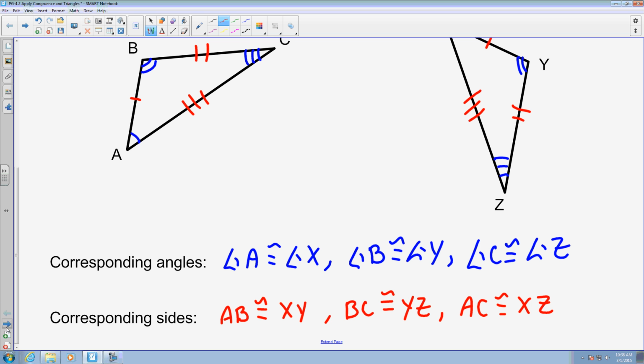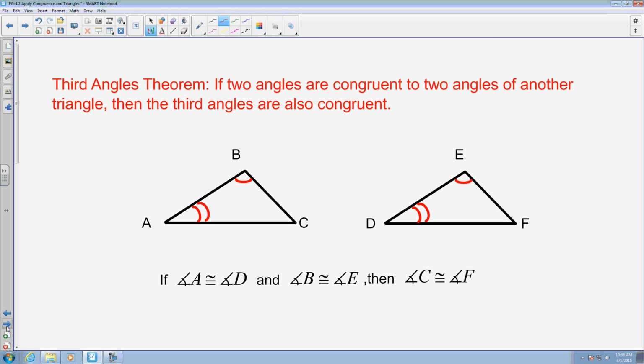From there, we have some other theorems that we can take a look at. One deals with its angle measures, and the theorem is called the third angles theorem, which says that if two angles are congruent to two angles of another triangle, then the third angles are also congruent, which makes sense because in previous sections in chapter 4 we talked about the triangle sum theorem.